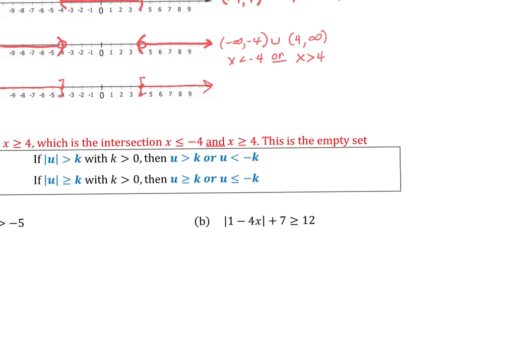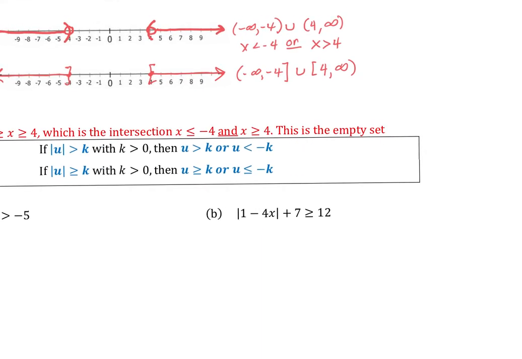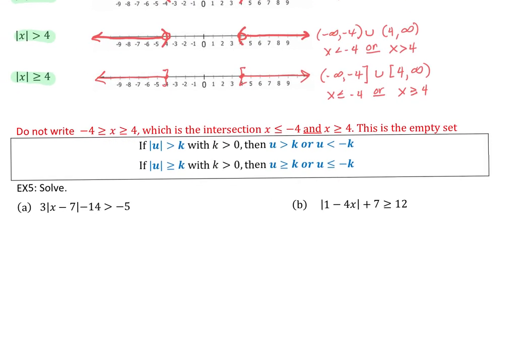Switching this to interval notation, we have negative infinity to negative 4 with the bracket because we're including the negative 4, or, the union, bracket 4 to positive infinity. Switching that to the inequality, this is x is less than or equal to negative 4. The union symbol becomes the word or, and that's important, it has to stay there. x is greater than or equal to 4. So again, we can't combine the inequalities. We have to keep them separated because when you look at those intervals, they are separated.